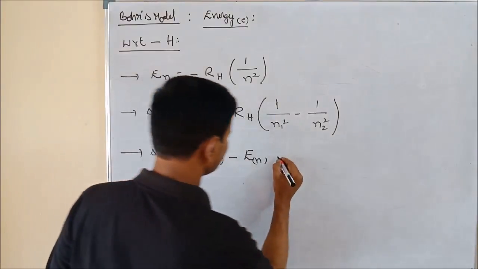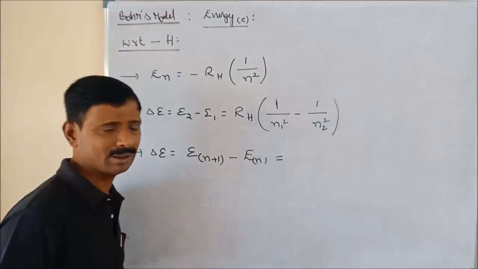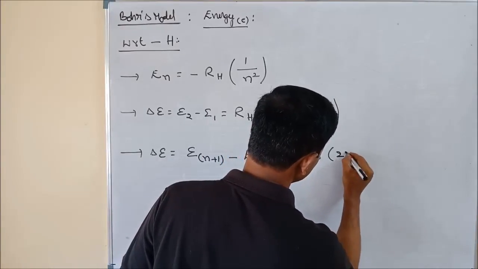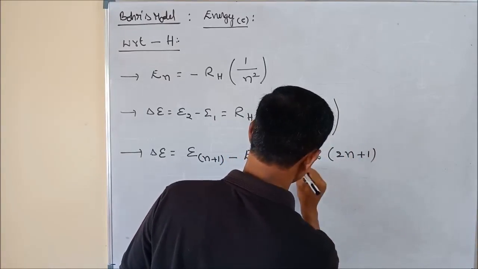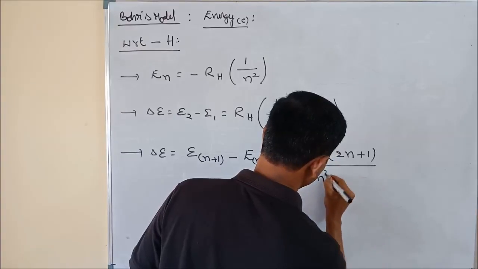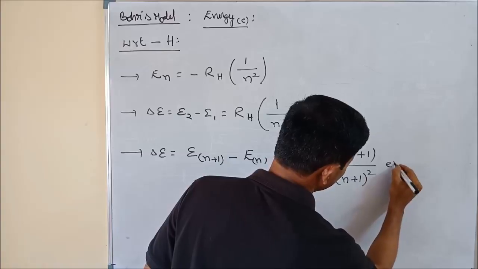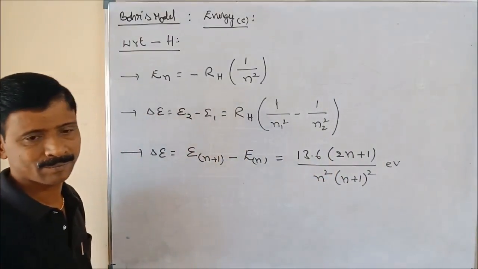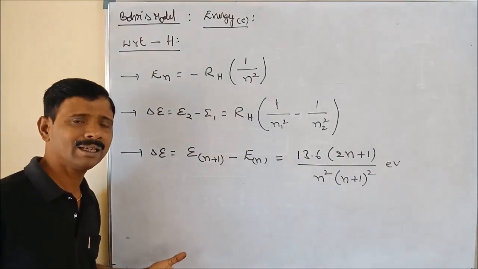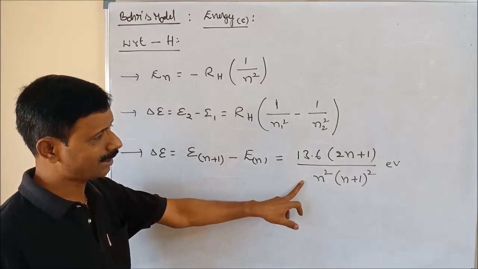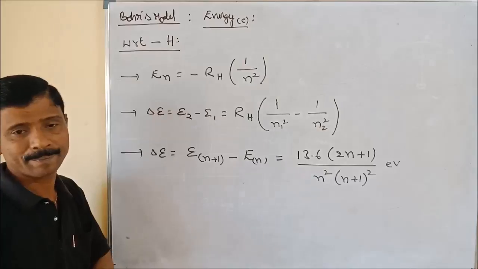So in this concept, we have one direct formula. That means 13.6 into 2n plus 1 by n square into n plus 1 whole square in electron volts. So if they are asking regarding the energy difference between any two successive orbits, directly you can use this formula.